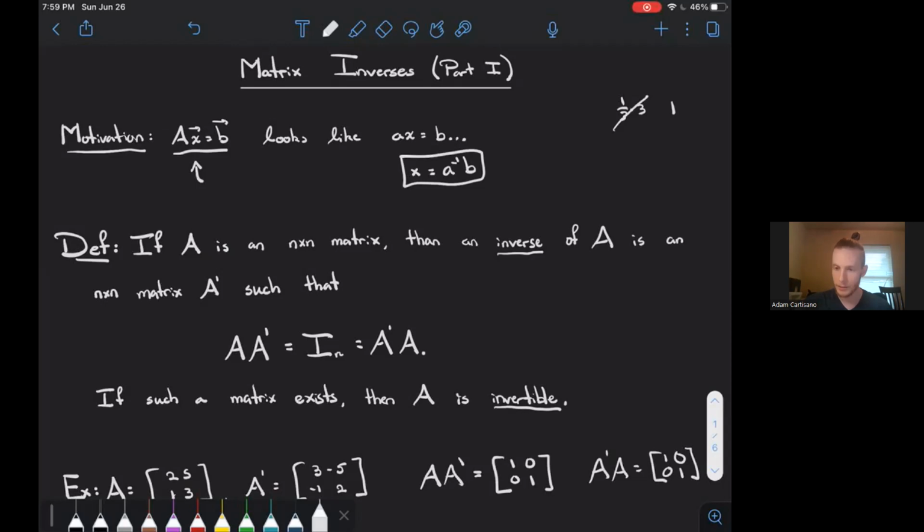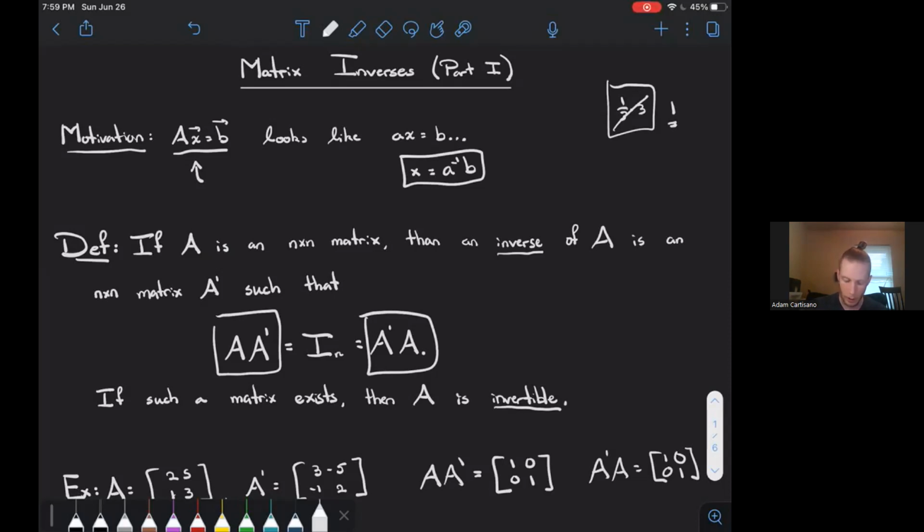Then we define an inverse of A to be another n by n matrix, we'll call it A prime, such that A times A prime is the same as A prime times A, and both of them, when you multiply them together, give you the identity matrix. Just like when you multiply two numbers which are multiplicative inverses of one another, you get the multiplicative identity 1. Same for matrices, except it's the identity matrix that you get.